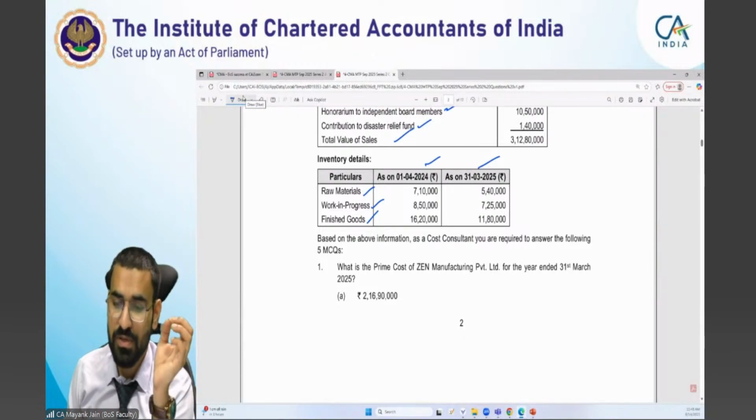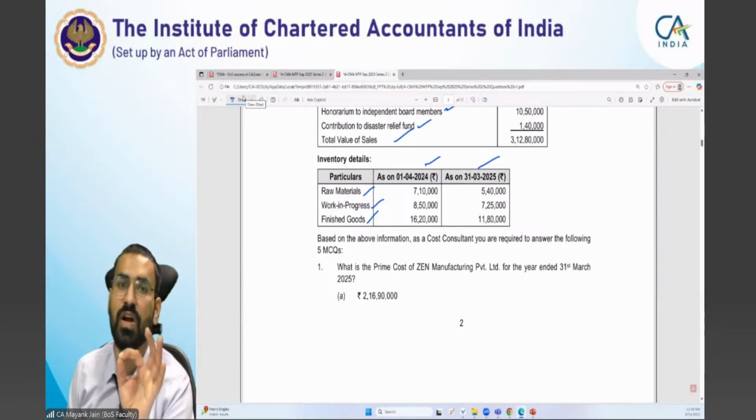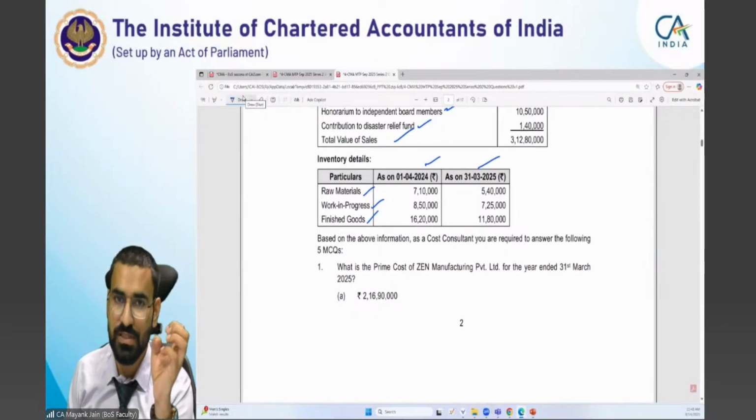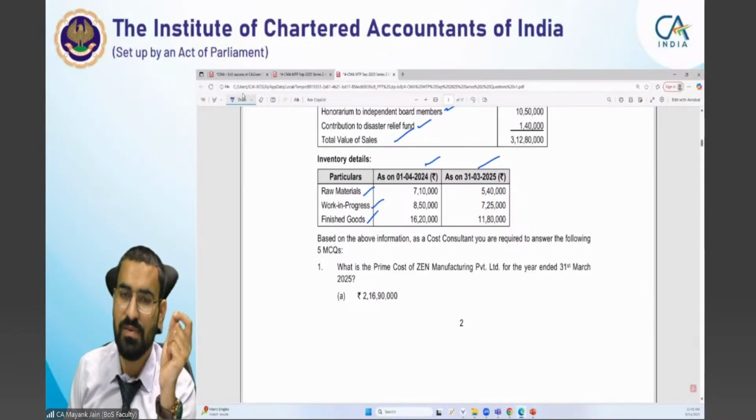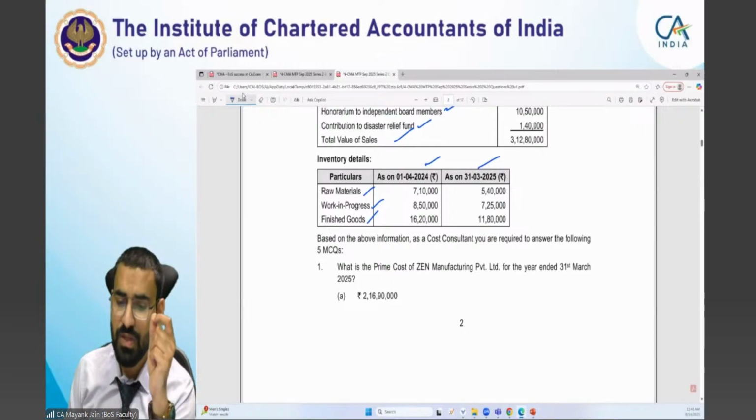So before starting with reading the case scenario, you have to read the question first. In this way you know what is the requirement of the question, and when you are reading a case scenario, you can mark those requirements accordingly. It will save your time as well as energy to attempt your question paper efficiently.